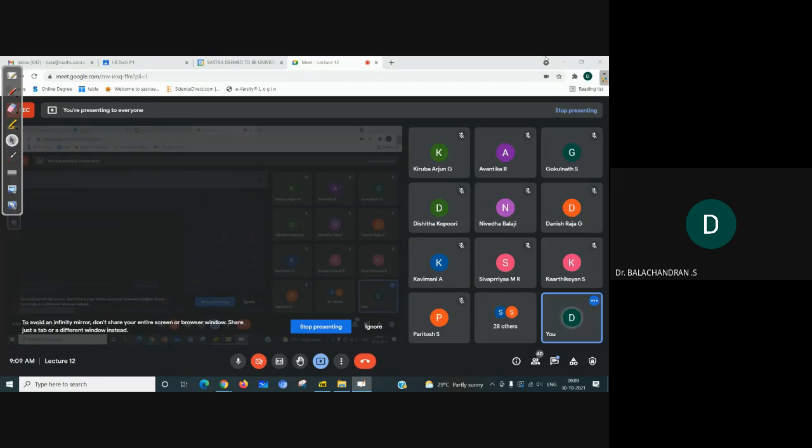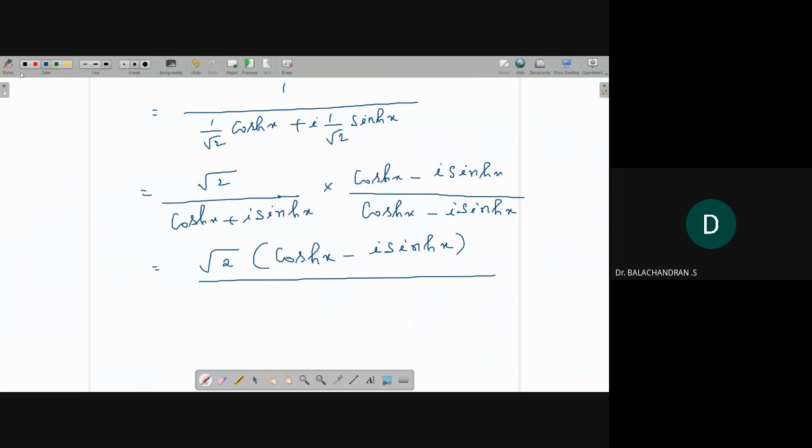That's why you are not still familiar with the hyperbolic functions. So this is not your mistake, because only the last 3 to 4 days you are studying hyperbolic functions, so you should spend more time and work out more problems. Then only you can remember the formulas.